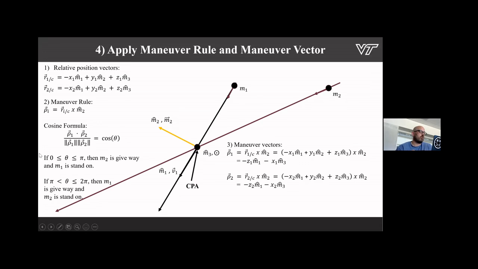The cosine formula version is adapted from that paper I talked about, the heading and velocity rule in the literature review. I'll try that too. But the thing about this is it's all arbitrary.